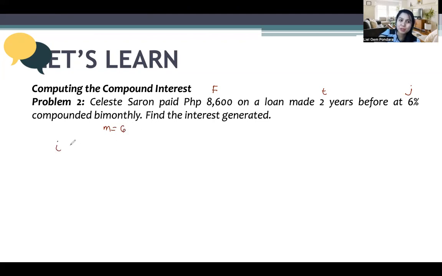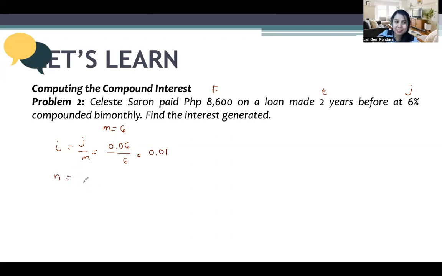Can you share with me what's the value of your I? What's your periodic interest rate? 0.01, ma'am. 0.01, very good. It's J over M, 0.06 divided by 6. That's 0.01. Can you share with me what's the value of your N?